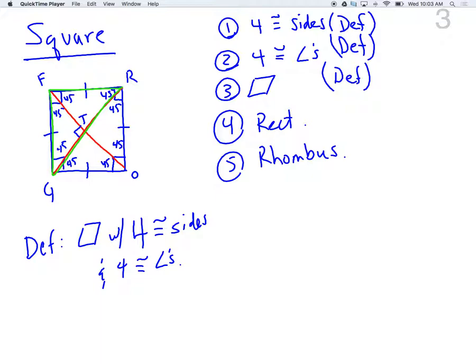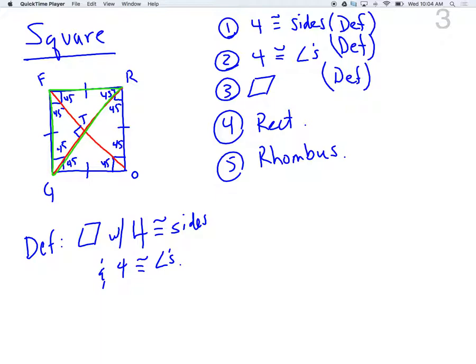Okay, so now here's the big question. Is there anything in that square that's not covered by a parallelogram, a rectangle, or a rhombus? Well, let's pick something. It looks like the triangle GTO is a right triangle.